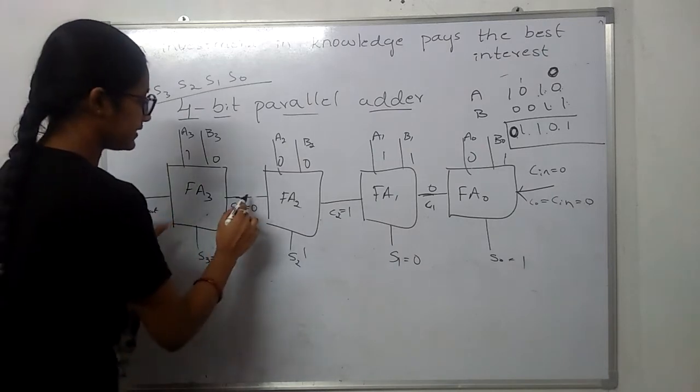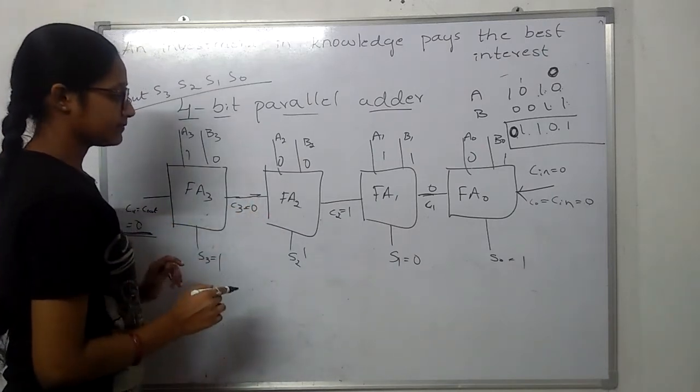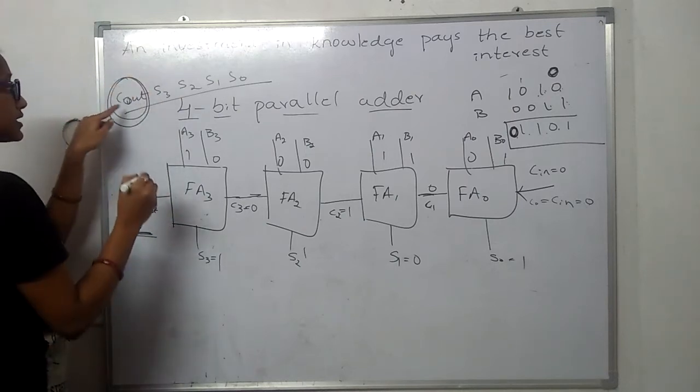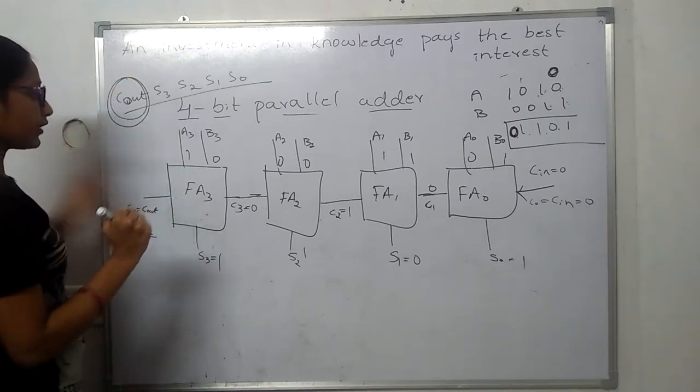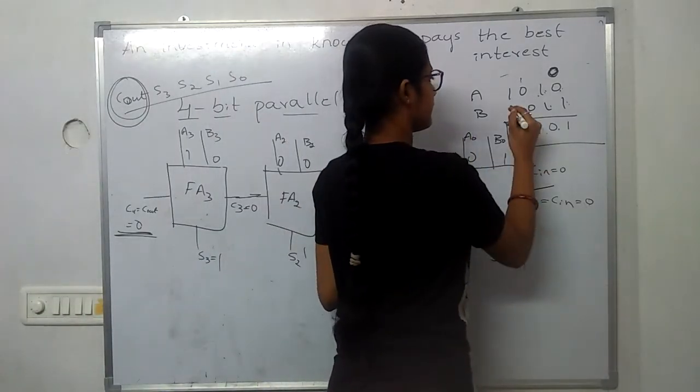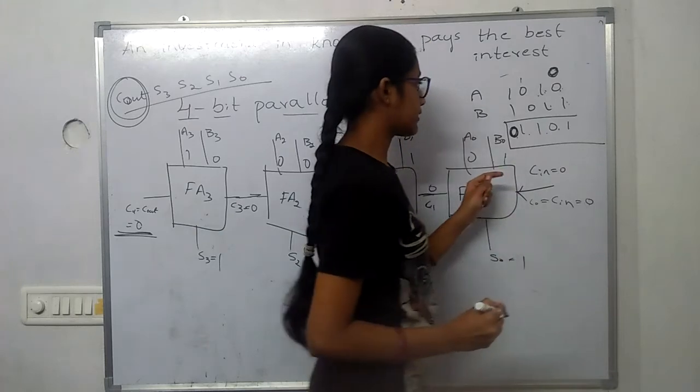You have to represent all the notations. So the final answer will include C out. You have to consider C out also, because if you get 1 here, let me tell you, if you have 1 here, what will you get?